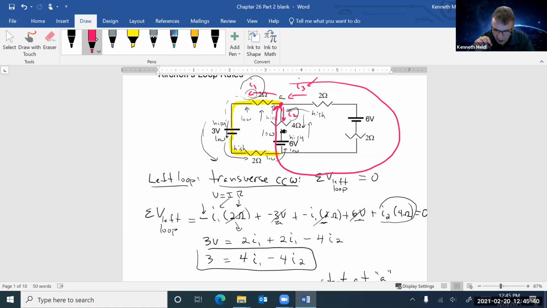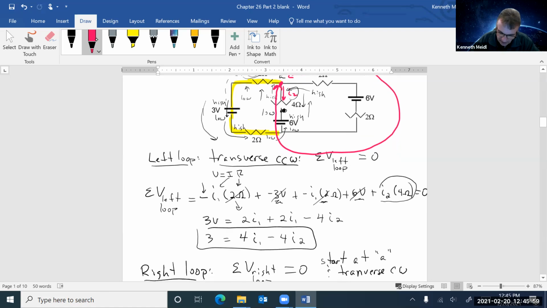When I say I'm going to go around, I'm just looking at whether I'm gaining energy or lessening energy by moving in that direction. If you move in the other direction, you'll get exactly the same equation with exactly the opposite signs, and you factor out a -1, and we end up with the same equation anyway. So that's the idea here.